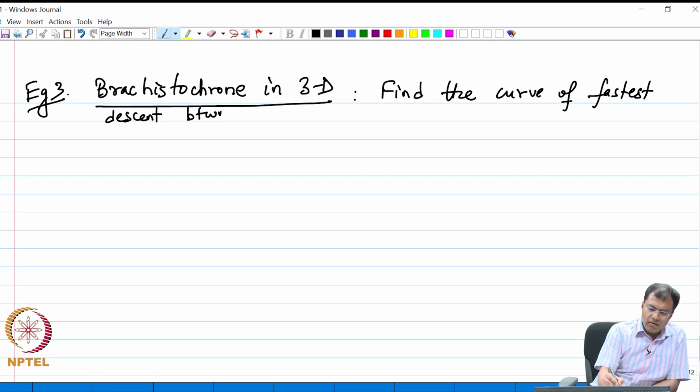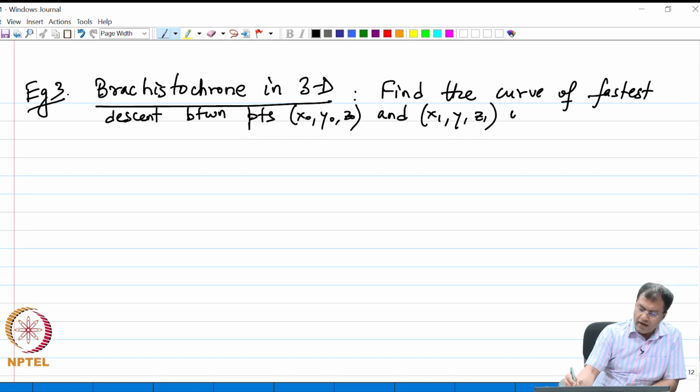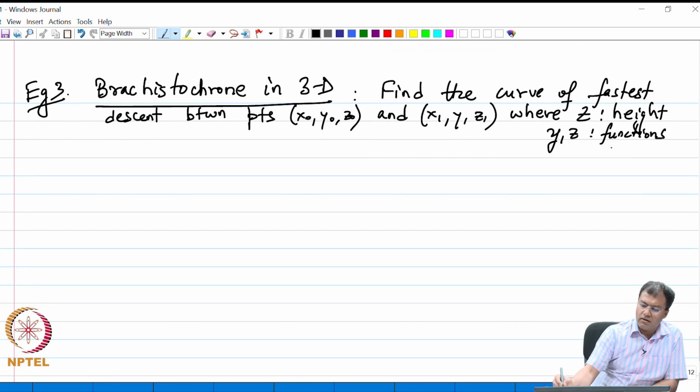between the points x0, y0, z0 and x1, y1, z1, where z is the height of the curve, and I have two dependent variables y and z.